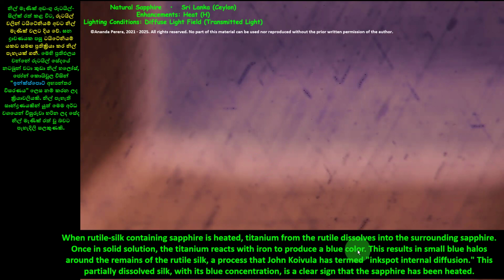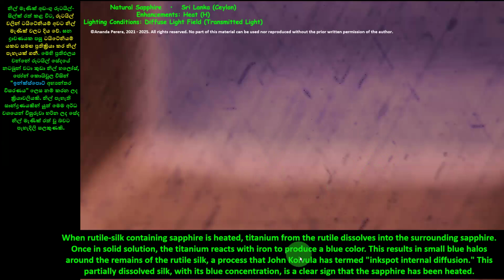Remember this. When we do heating, titanium changes into titanium-iron couples and gives blue colors. So some places are blue. This results in small blue halos around the remains of the rutile silk. But the rutile silk is still there, not completely converted.